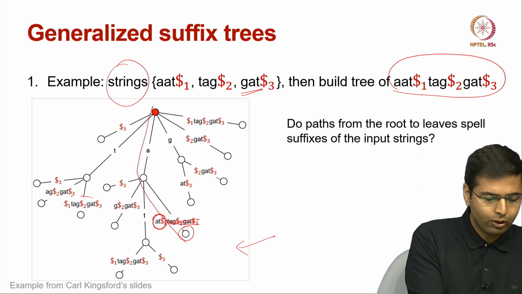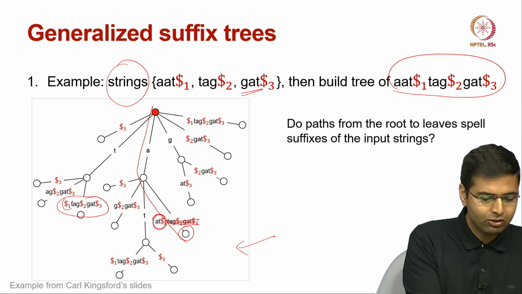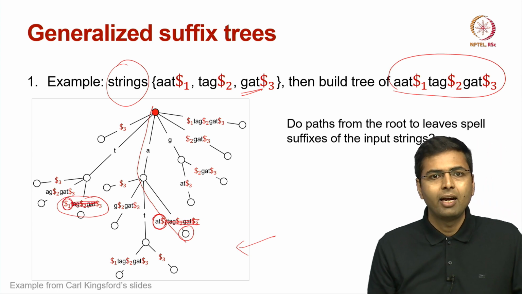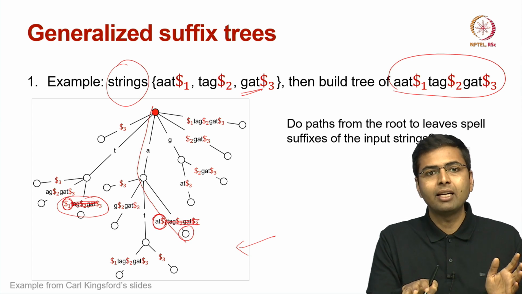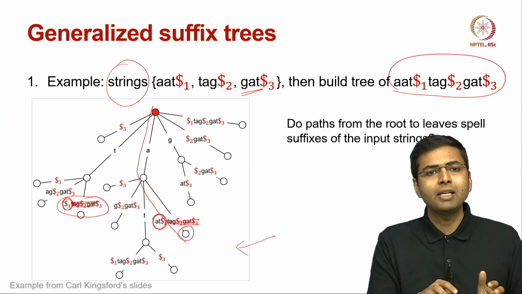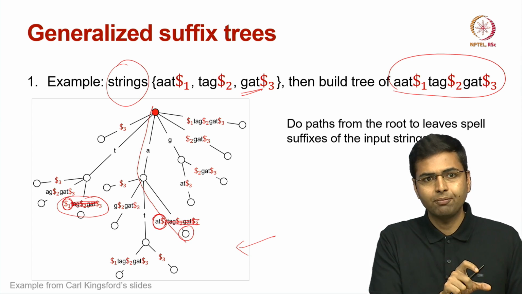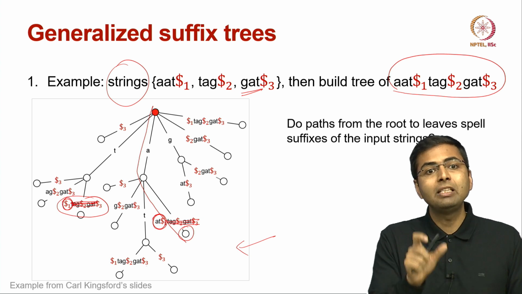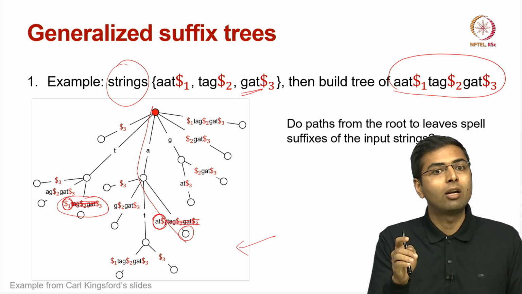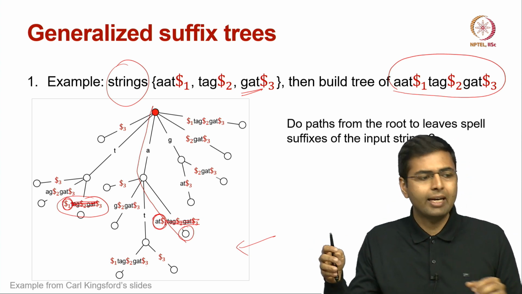Everywhere I can do this, and I do not need to do any other modification in the entire tree. This modification will only be needed at the leaf edges, where I will only preserve the text until the first dollar symbol, and the remaining characters I can remove.